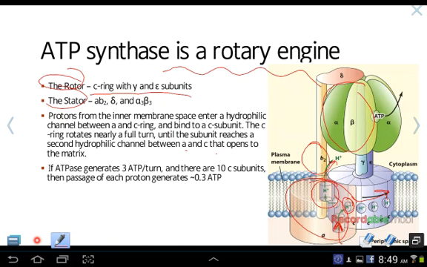If ATP synthase generates 3 ATP per turn, and there are 10 C subunits, then the passage of each proton generates about 0.3 ATP.